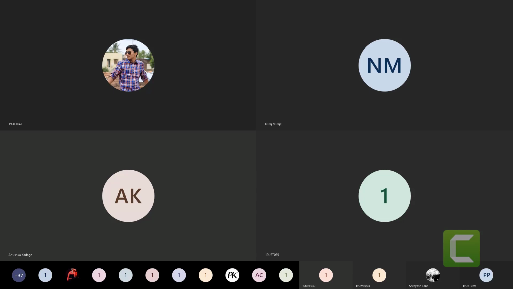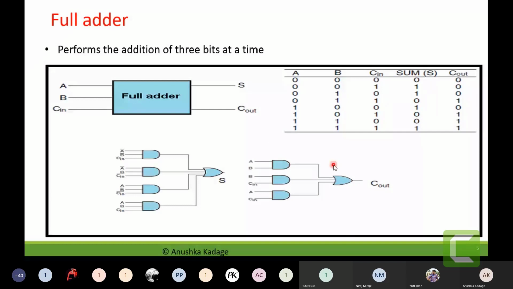So likewise, as I have shown on the whiteboard, you can use the K-map for doing the simplification of these output variables, and from that these circuits can be implemented. So we have done that for the sum.